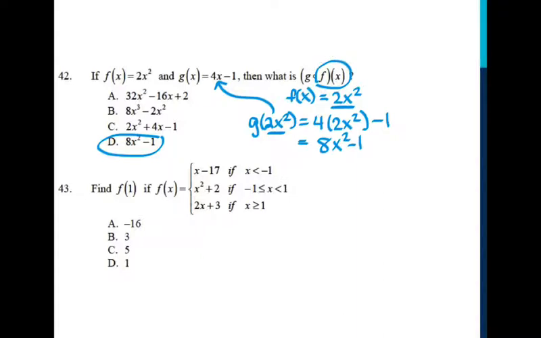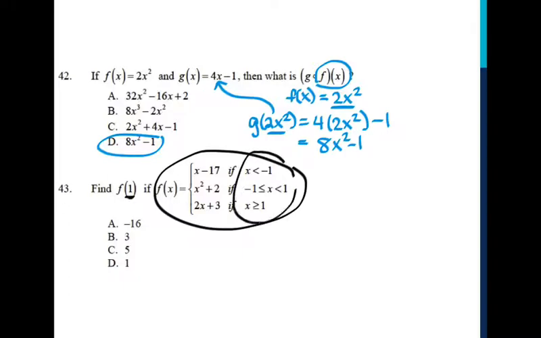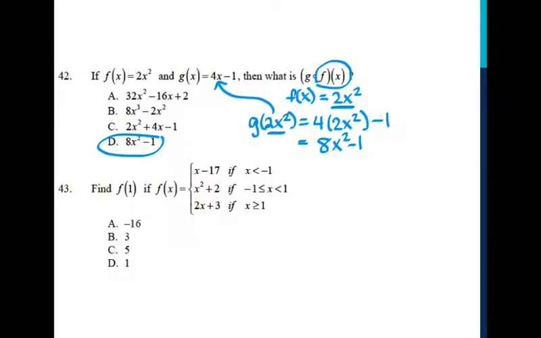43 is a piecewise function, and I'm trying to find f of 1 with this function right here. You first need to figure out where 1 falls into these categories. The first one says if x is less than negative 1. Well, 1 is not less than negative 1, so you're not going to use this one. The next one says if negative 1 is less than or equal to x is less than 1.